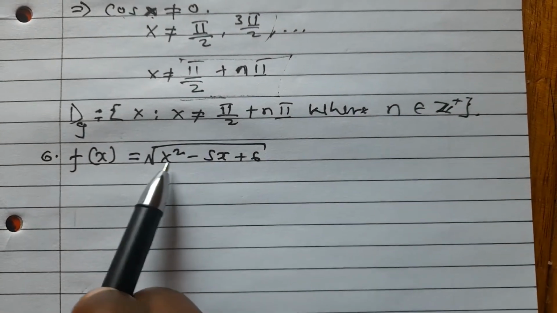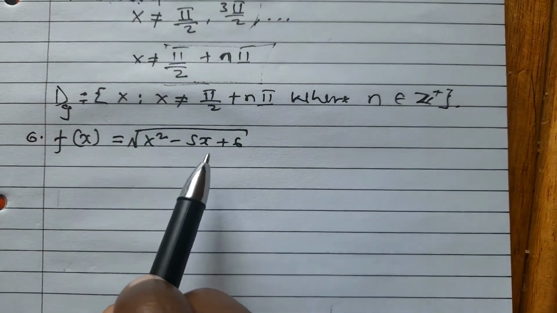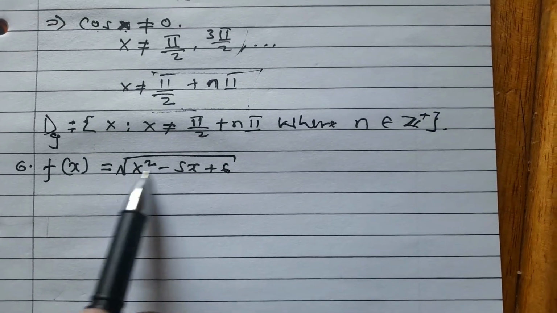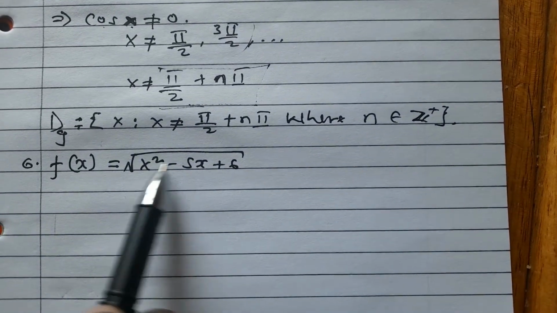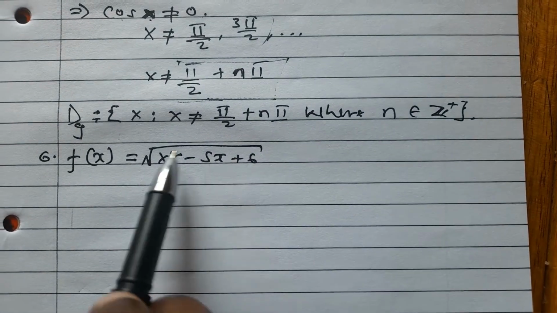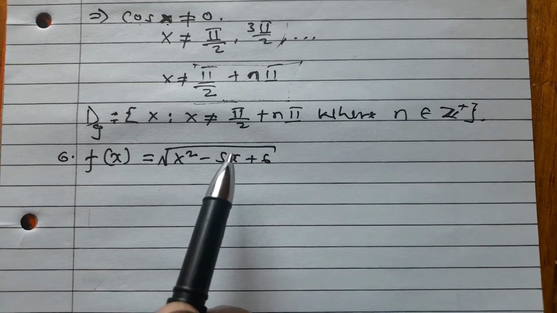So we know that this function will be defined for every point of x except for the points whereby we will have a negative number, because once we substitute a value of x and it gives us a negative number, we won't be able to find the square root in the real number system.